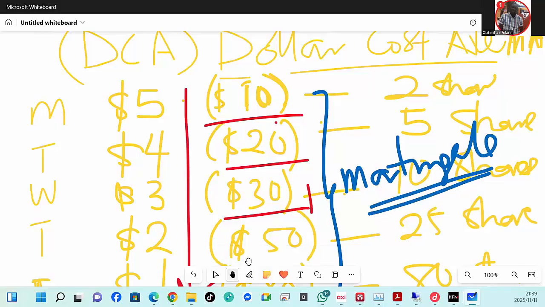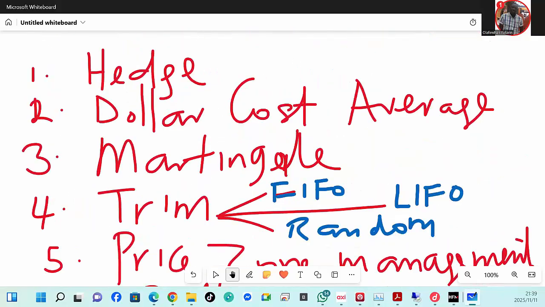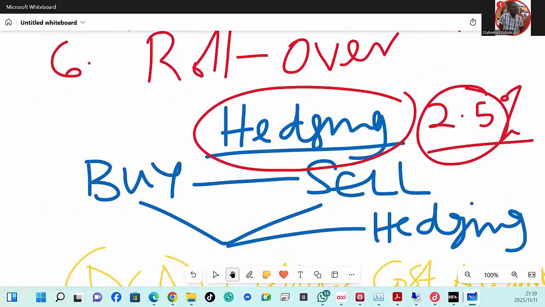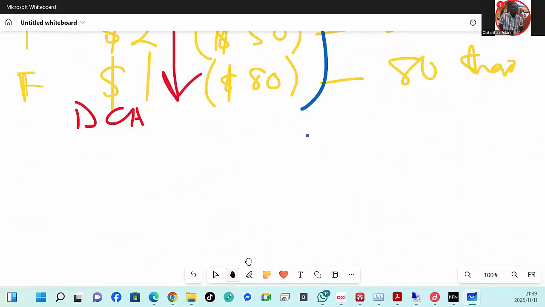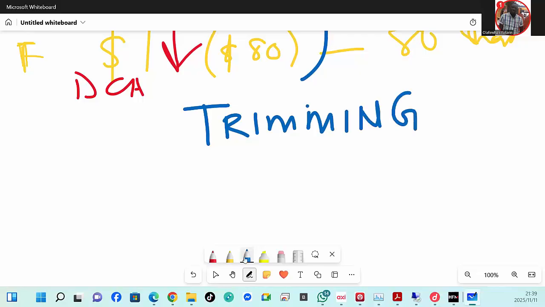So we have done 1, 2, we have done 3, then we are going to go to 4. Our 4 is trimming.